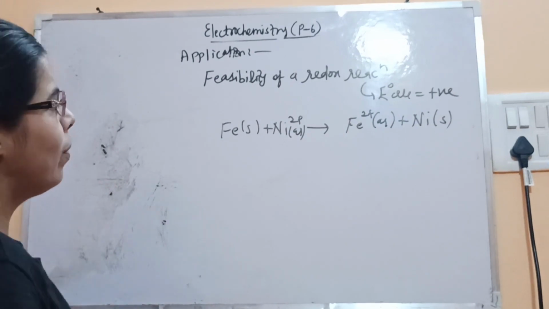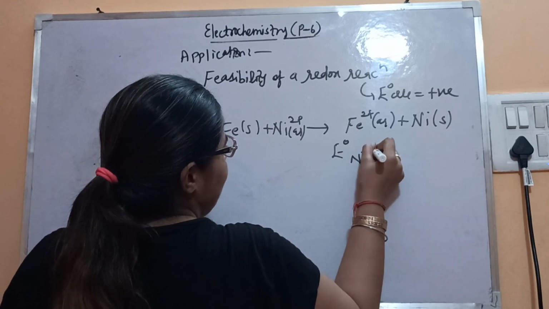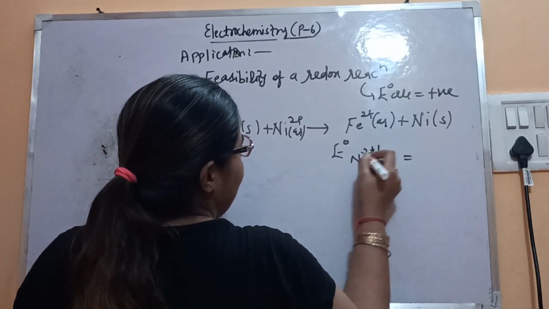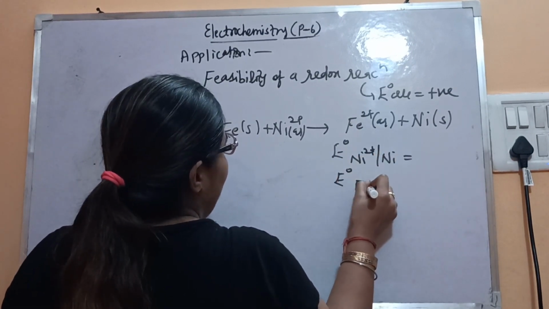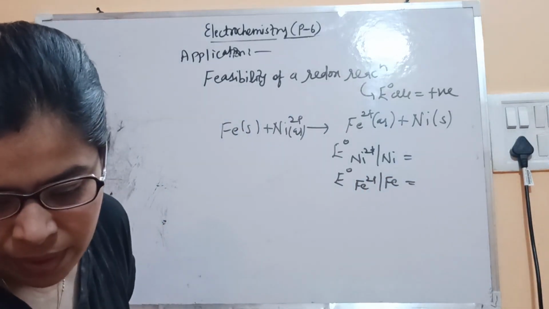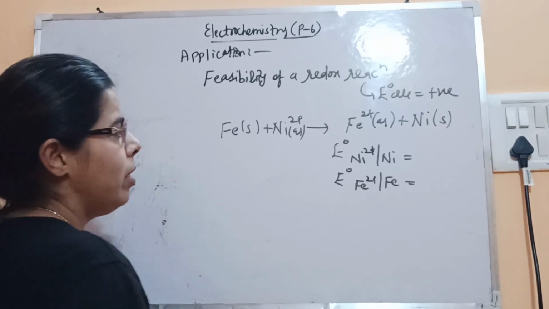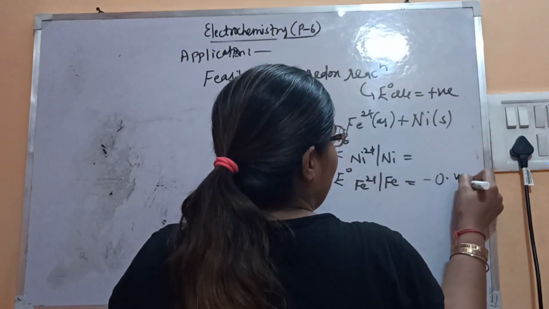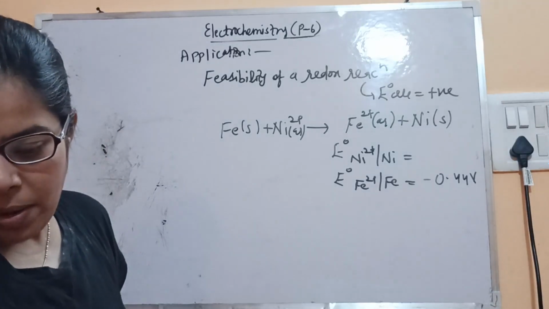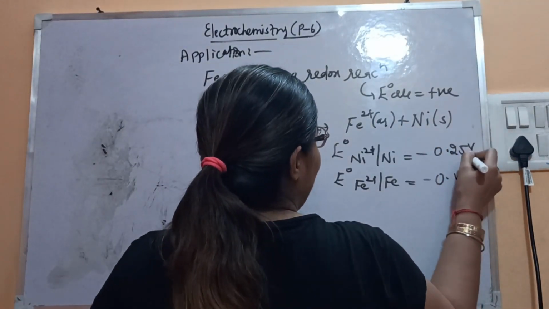Okay, from the electrochemical series the values are given, nickel 2 positive to nickel and iron 2 positive to iron. The values are, for iron is minus 0.44 and for nickel is minus 0.25. So let's calculate its E naught.